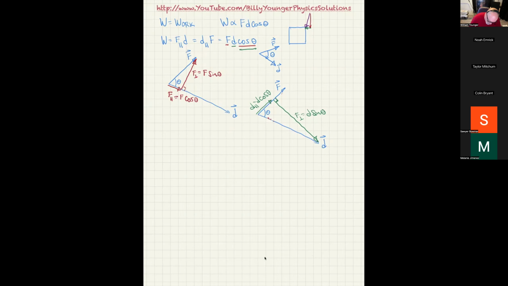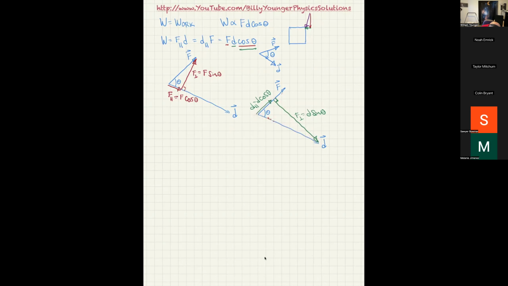So what I'm saying here is this guy right here, you can look at this as a vector that when added to this vector, the result is the D vector.